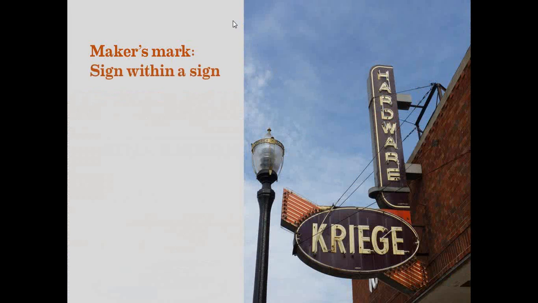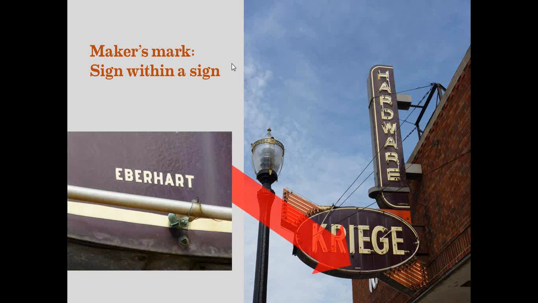Kind of a sidebar on manufacturers' marks. When we evaluate or document neon signs, particularly ones with a porcelain enamel or a painted steel background, those often have a manufacturer's mark as well. So we have sort of two different layers of signage.